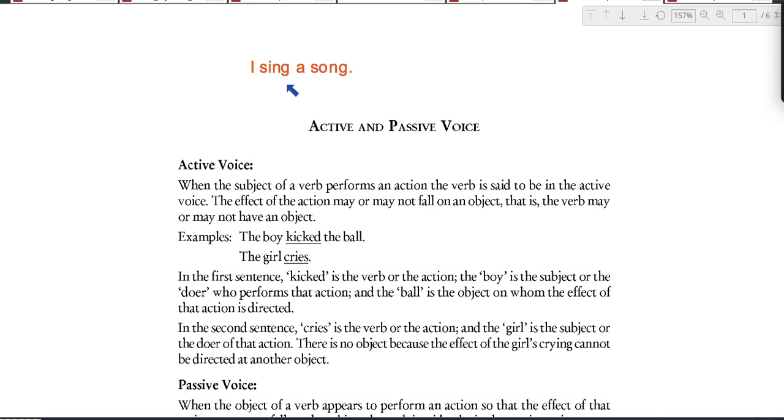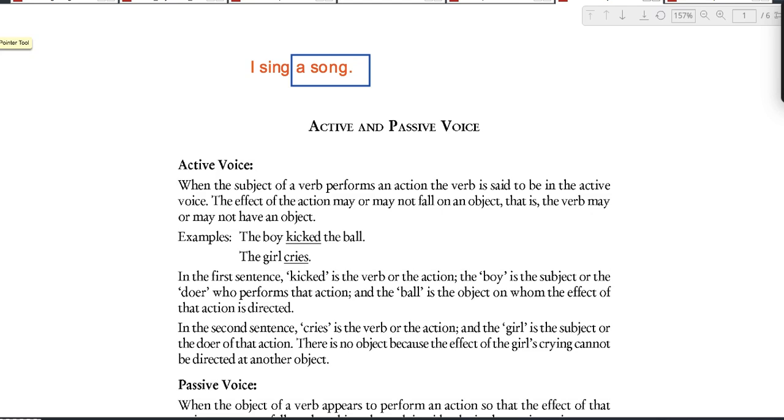So you can either write I sing a song, or you can also say I sing. That's it. If you do not say a song, there is still a meaning to this sentence. So sometimes we need the object, sometimes we do not need the object.